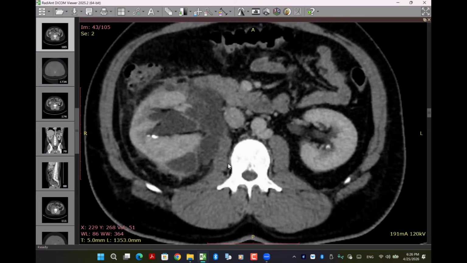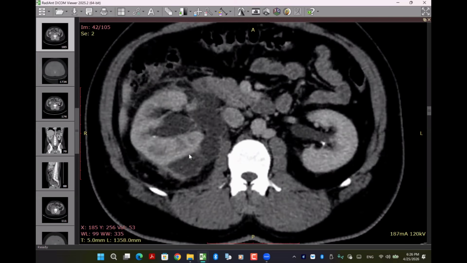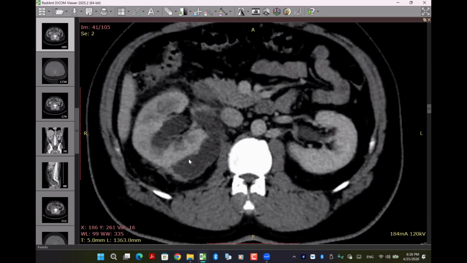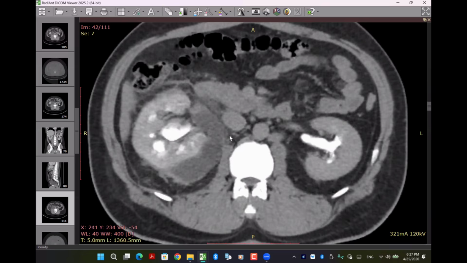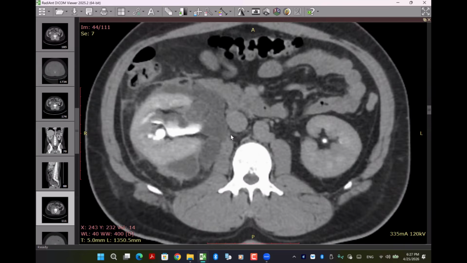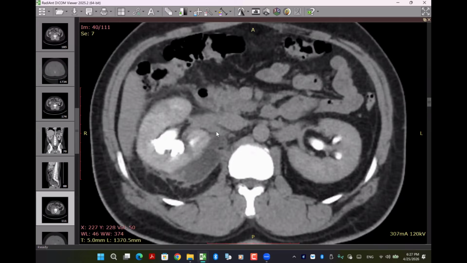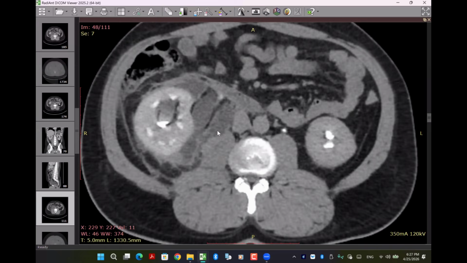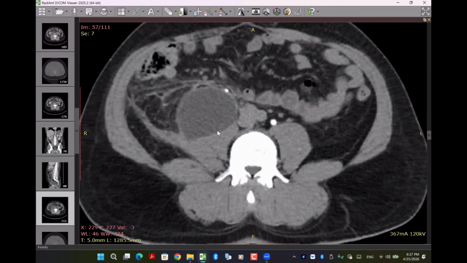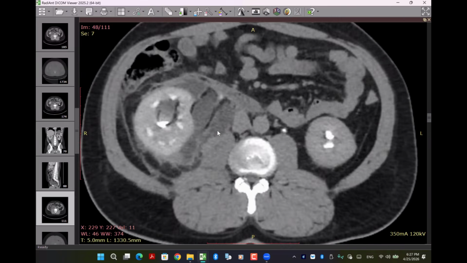So this one is obstructed. Yes, sir. This is the delayed image. If you please comment on the delayed imaging, I can appreciate contrast within the right pelvicalyceal system.